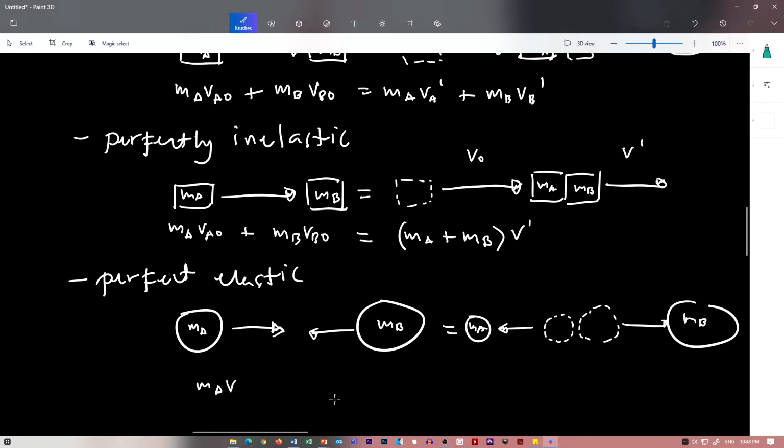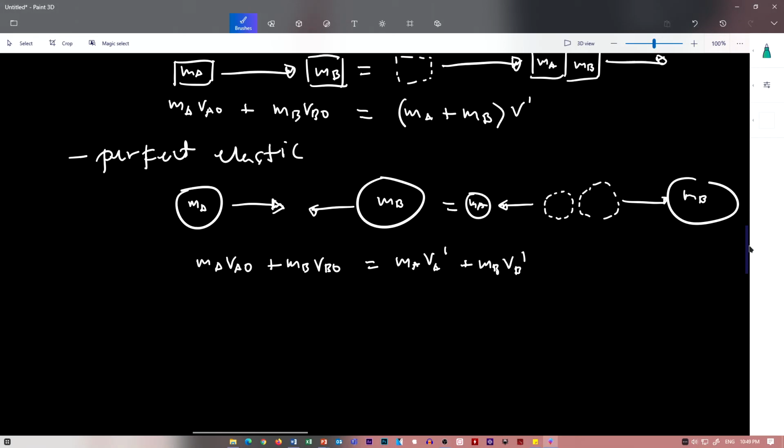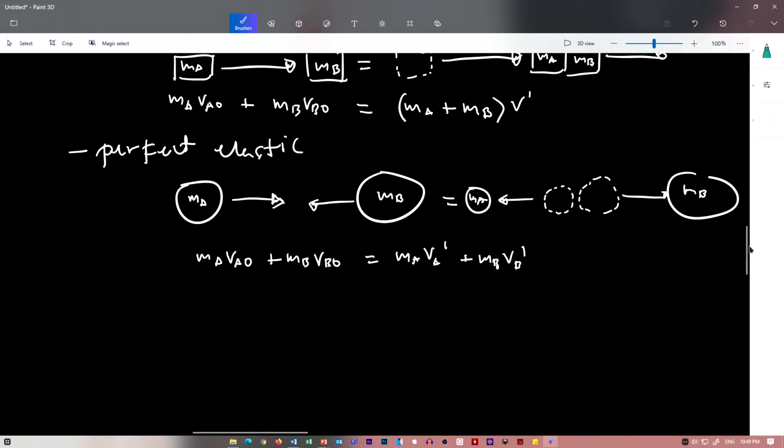So m sub a v sub a sub 0 plus m sub b v sub b sub 0 is equal to m sub a v sub a prime plus m sub b v sub b prime. There, it's basically the same. All right, so how about we jump on some guided practice problems so we could see how this is applied.